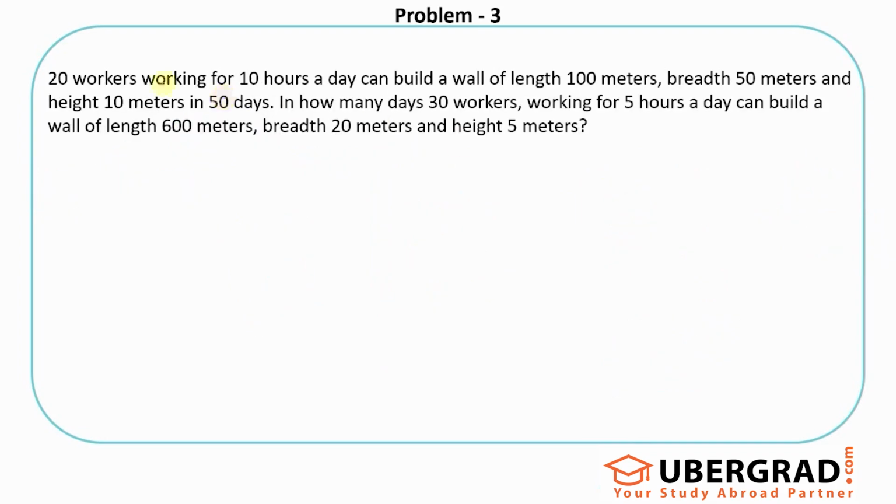See this one. It says 20 workers working for 10 hours a day can build a wall of length, breadth and height in 50 days. In how many days can 30 workers working for 5 hours a day build a wall of length 600 meters, breadth and height? What you need to understand, even though I don't see anything mentioning the total work, sometimes they'll give you a question talking about length, breadth and height, or only length and breadth, or only height, or only length.